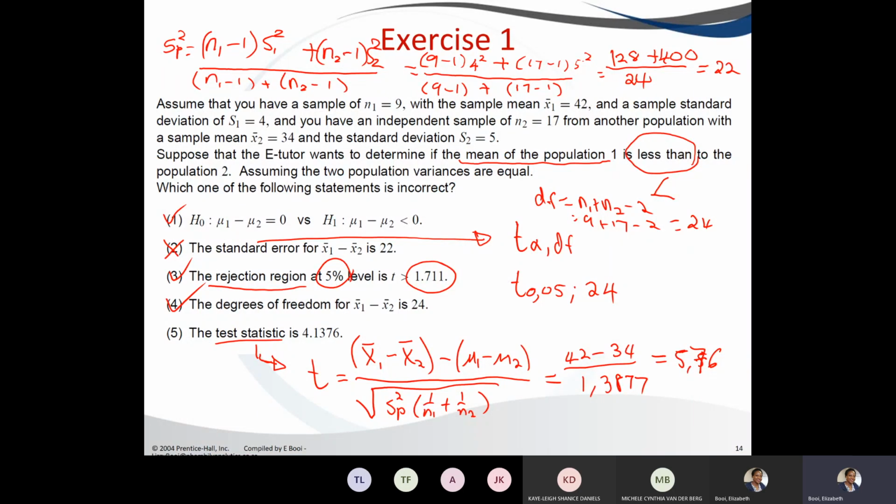So the standard error is the square root of 22 times 0.1111 plus 0.0588, close bracket, equals, and it gives me 0.